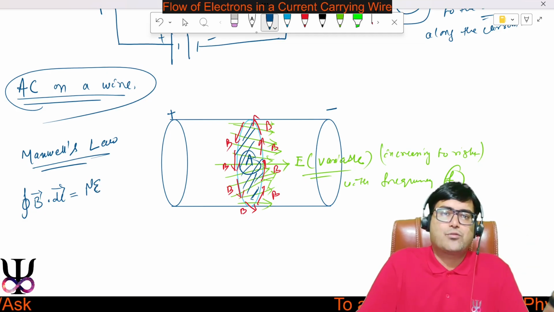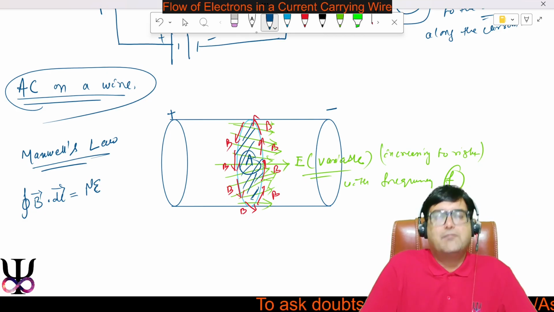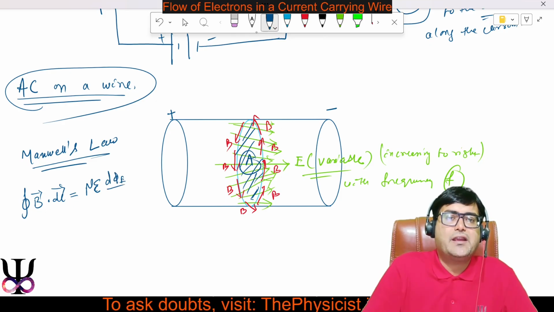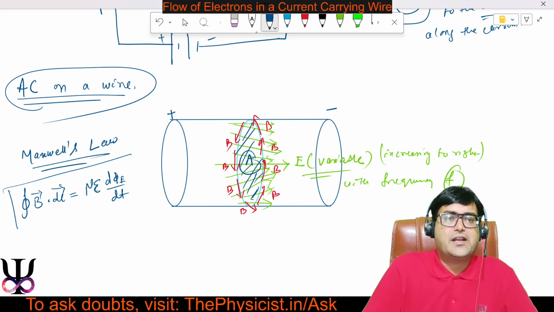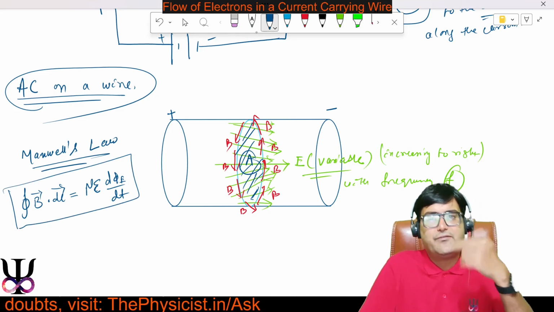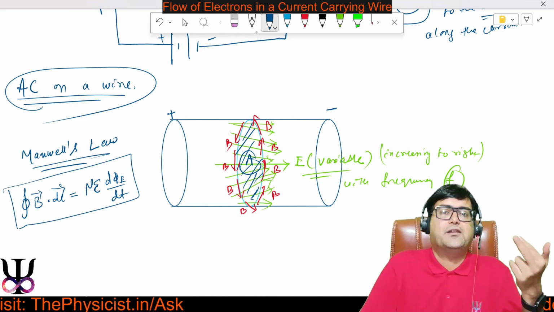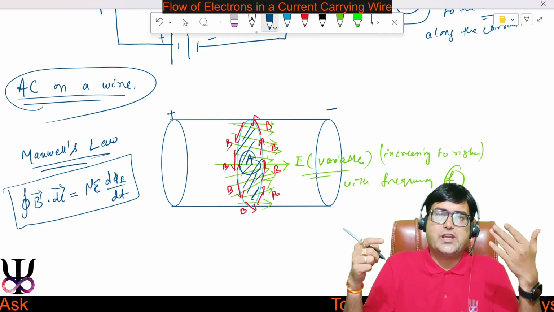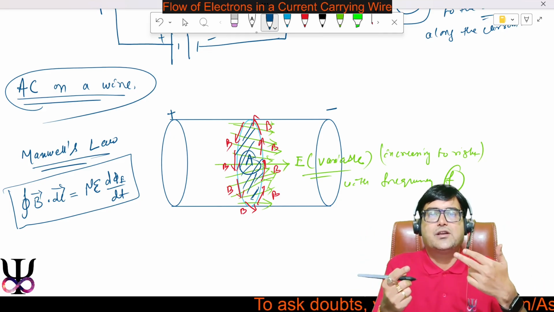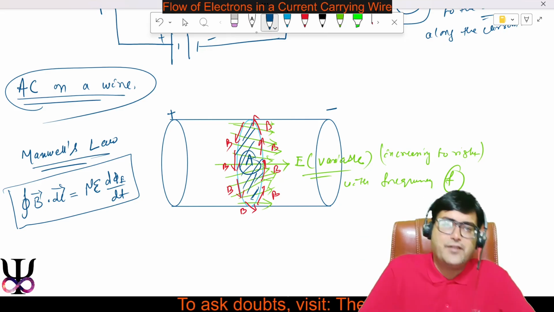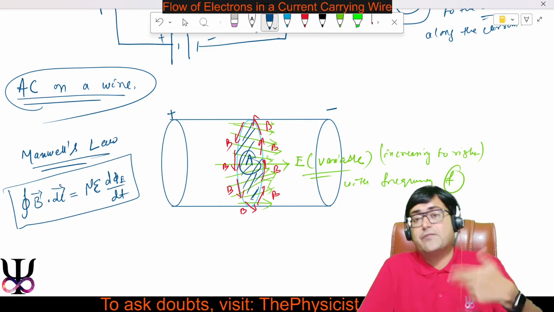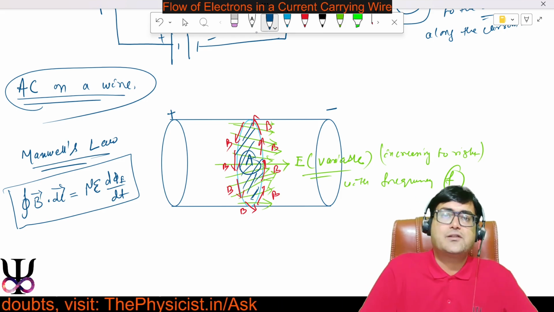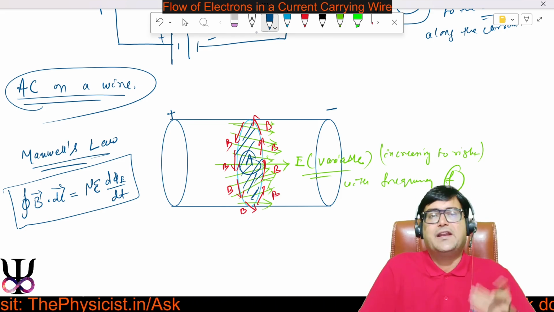There is no vacuum, there is probably some metal here. Well, in that case, it's just mu epsilon naught d phi E by dt. That is the rate of change of the flux of the variable electric field. So if the electric field is variable, then its flux will also change, and depending on the rate of change of the flux of the electric field, an induced magnetic field will be generated. Simple.